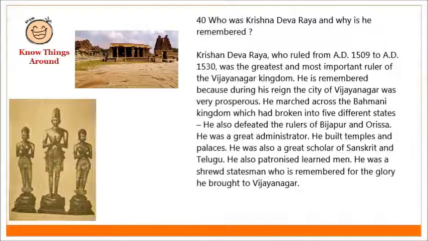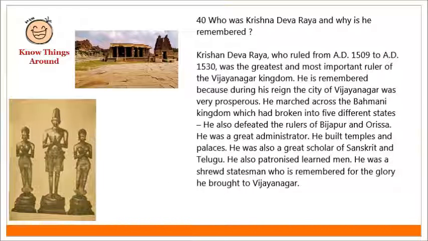Who was Krishnadevaraya and why is he remembered? Krishnadevaraya, who ruled from AD 1509 to AD 1530, was the greatest and most important ruler of the Vijayanagara kingdom. He is remembered because during his reign the city of Vijayanagar was very prosperous. He marched across the Bahmani kingdom, which had broken into 5 different states.